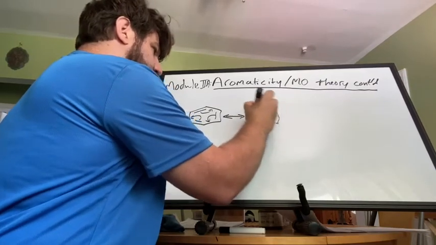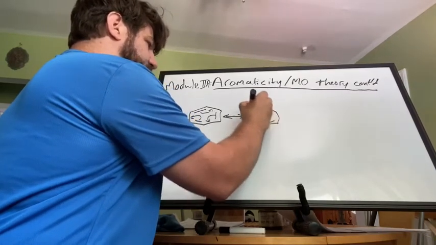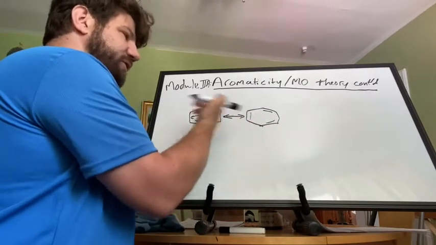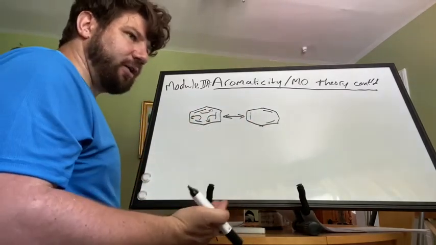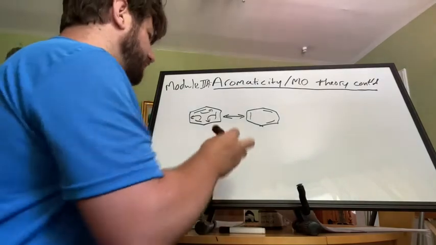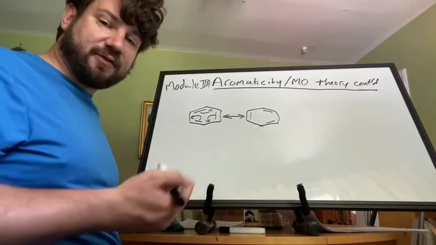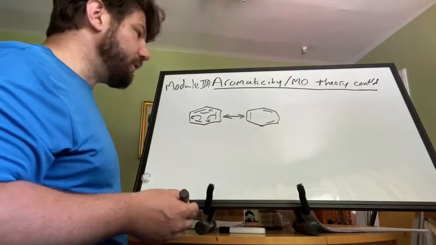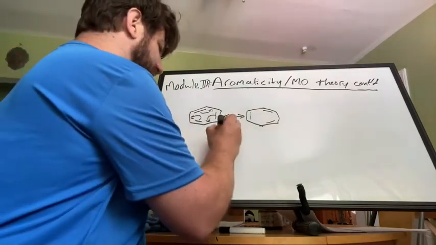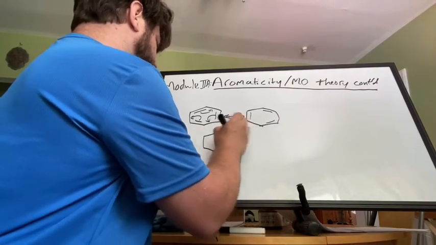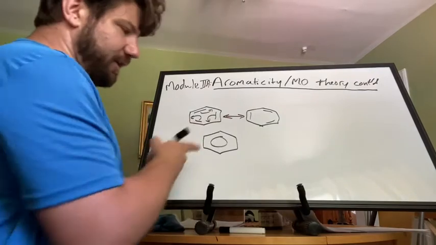Right? So these two particular forms that you see aren't really going to make a difference in terms of what they are constitutionally. Okay, so this isn't going to be an equilibrium or anything. It's just a resonance form of one another. Okay, so sometimes you'll see, I'm not going to do this, but sometimes you'll see this sort of shorthanded as such.